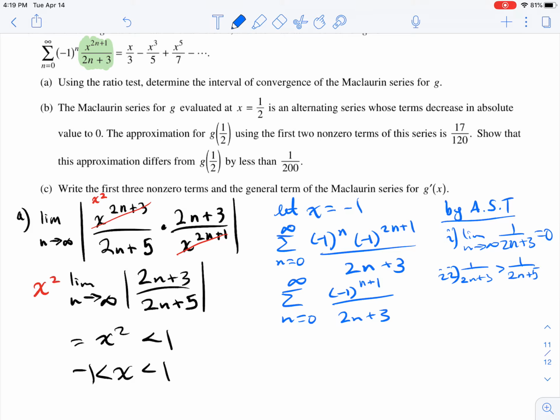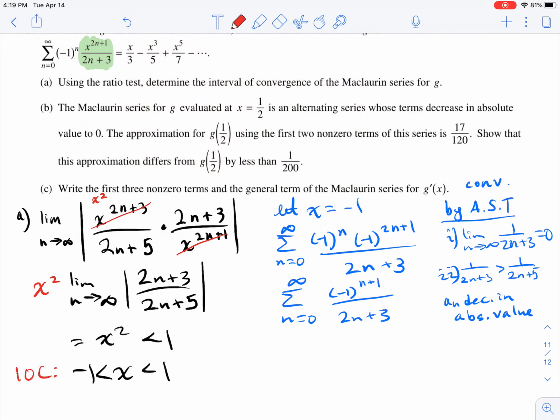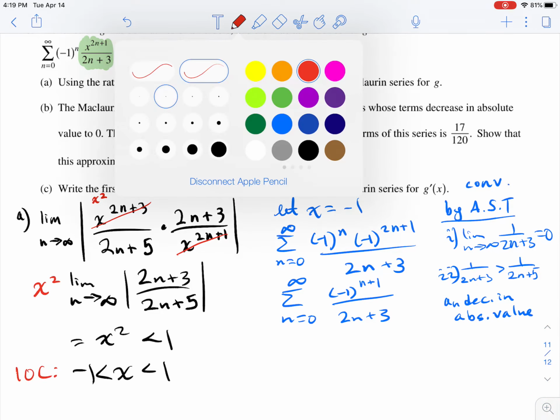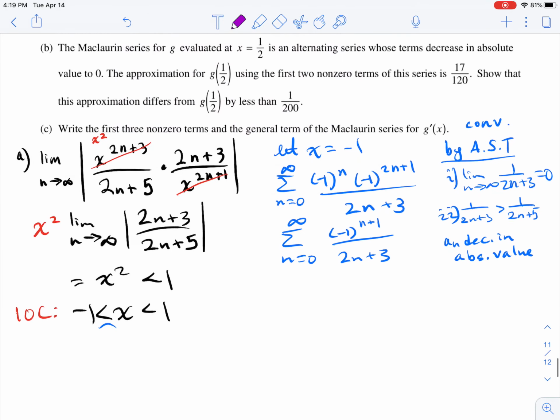So since we know that it's met the two conditions for AST, we can say that it converges by AST. So for our interval of convergence, so far it's definitely converging at its endpoint -1. Now let's check the other endpoint.